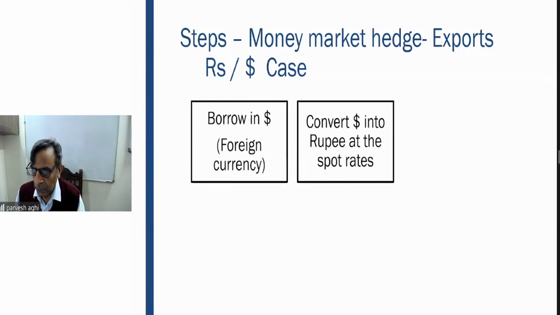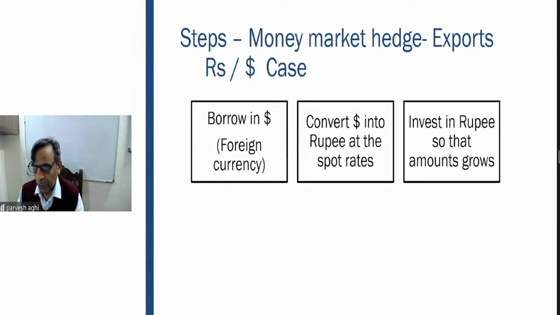Convert the dollars into rupees at the spot rate. Whatever you have borrowed abroad, you bring that money home and convert it at the spot rate. Invest that money so that the amount grows. Put that money at the interest rate in India and the amount is going to grow.